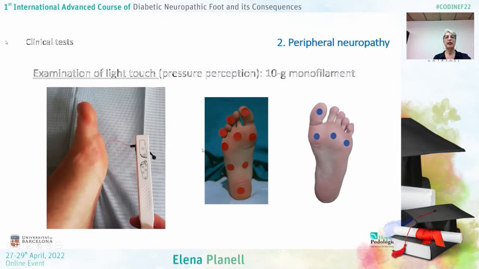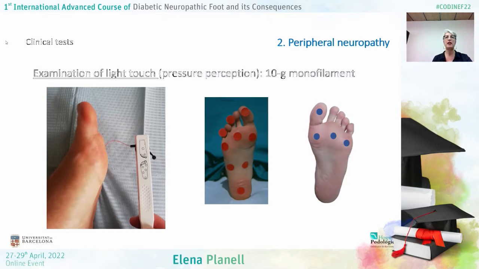This is the test for light touch. We test with the Semmes-Weinstein 5.07 monofilament. The filament should be applied perpendicular to the skin surface of the sole with sufficient force so that it buckles, like this. The places of application are not universally agreed.